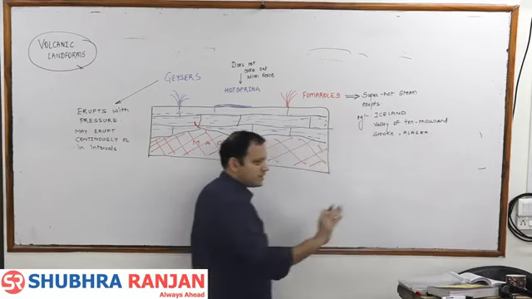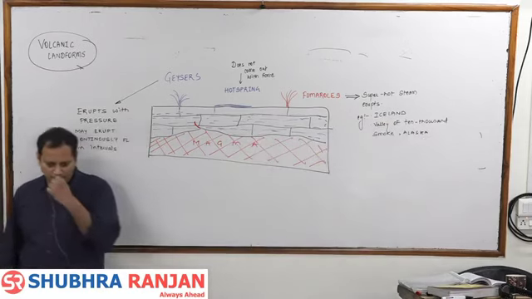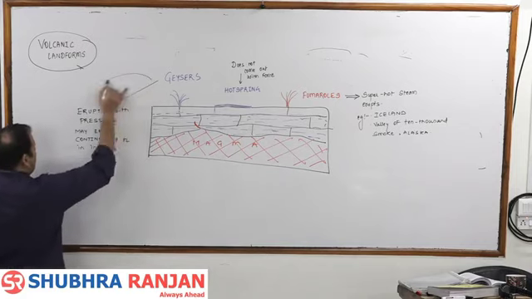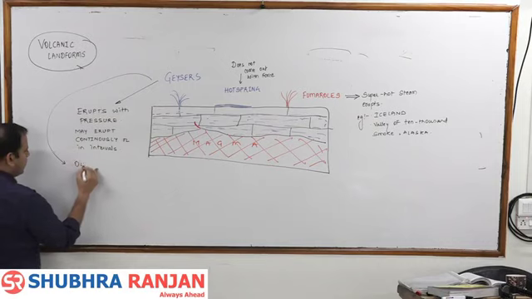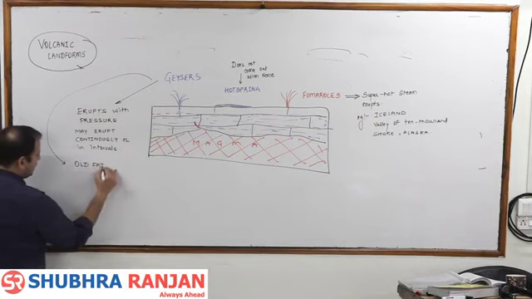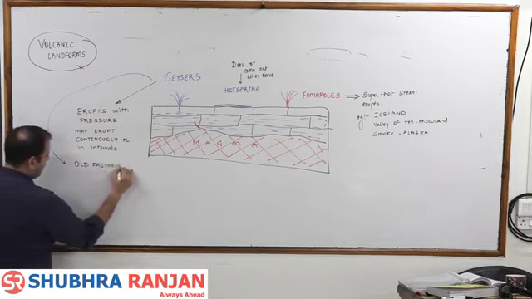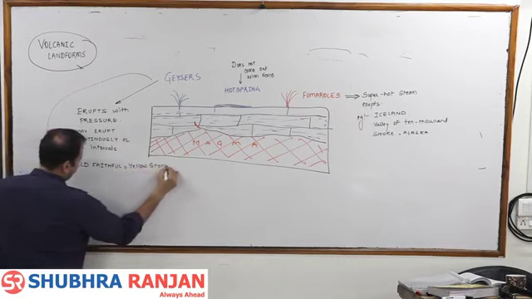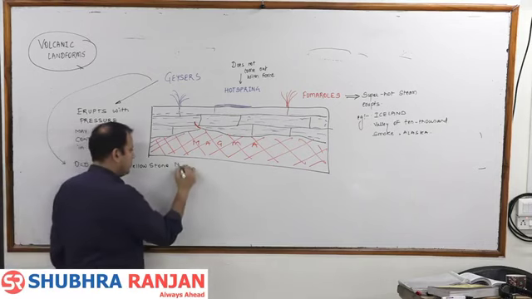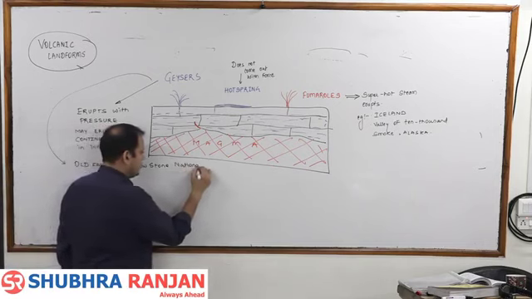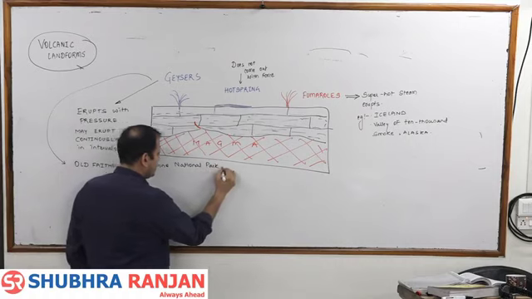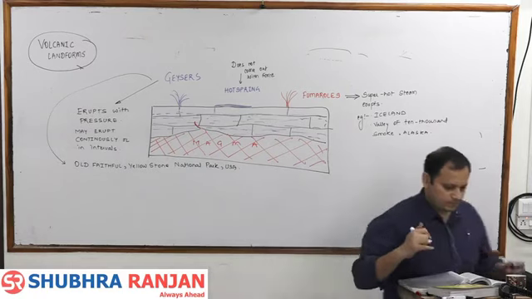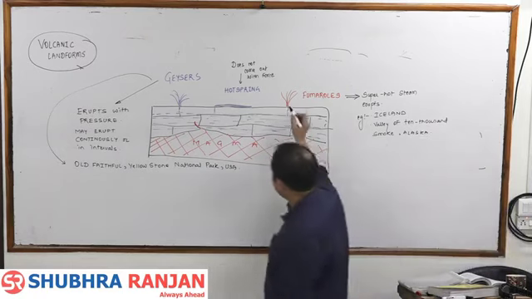So entire Iceland is like this, fumaroles. There are many examples of this.